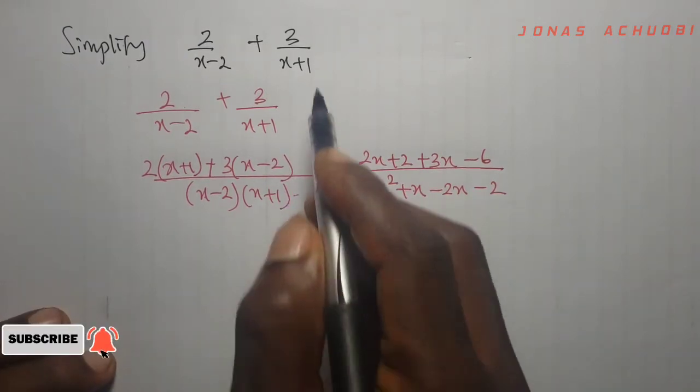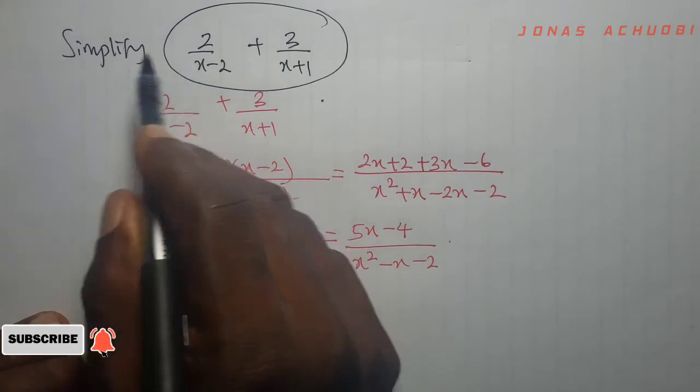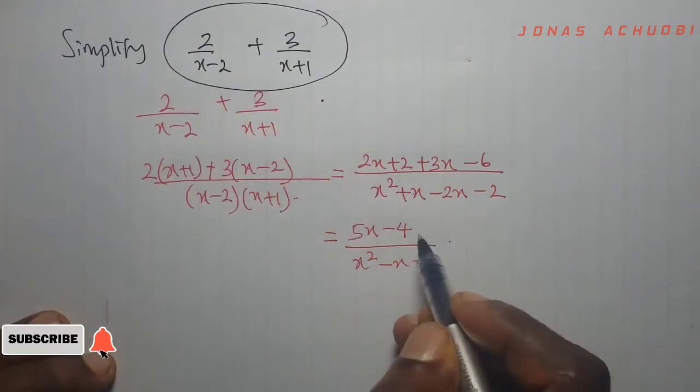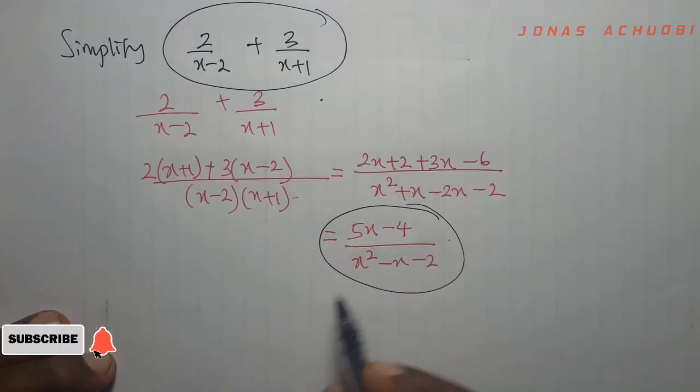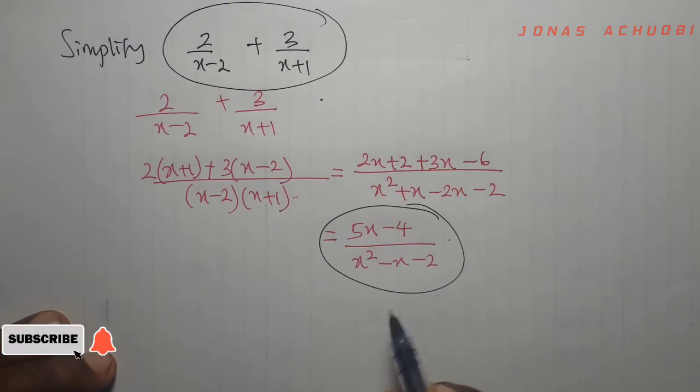So what have we done? We were given two simple fractions here and we're asked to simplify, to add up. Then we took the LCM, and at the end of the day we landed at this fraction 5x minus 4 divided by x squared minus x minus 2.